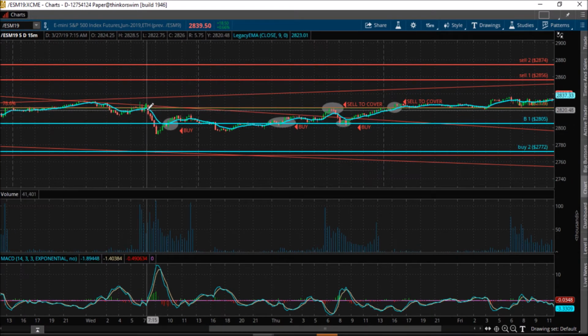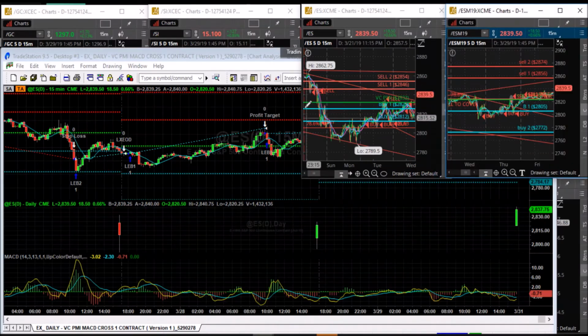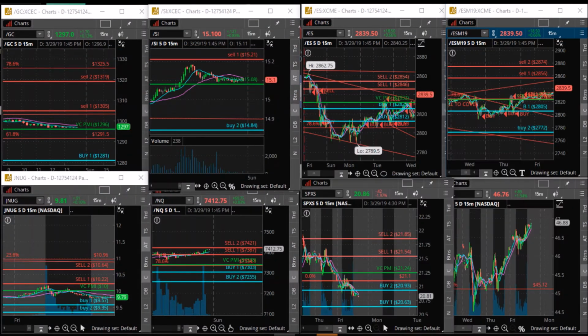In this case, the market came down right into that 2805, which was the B1 number on the weekly chart, on the weekly signals. It transforms the intelligence from the daily into the major weekly, and when the weekly closes below the buy 2 level, it transforms the price into the monthly.